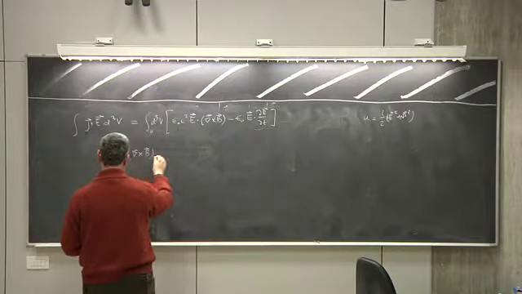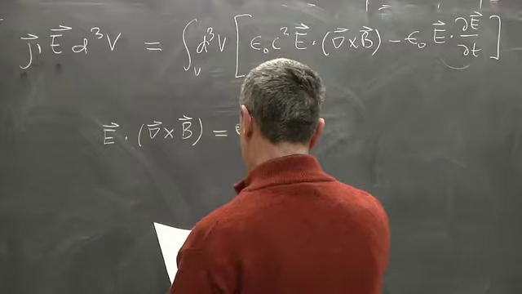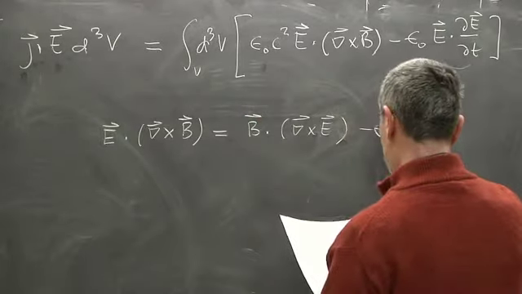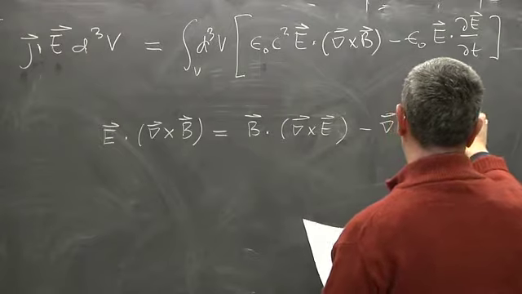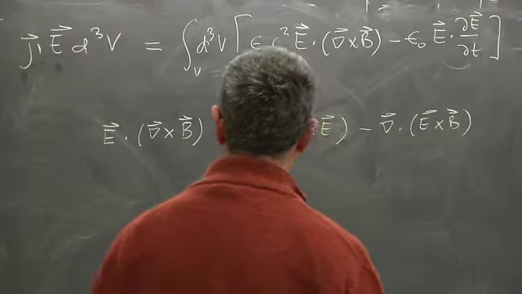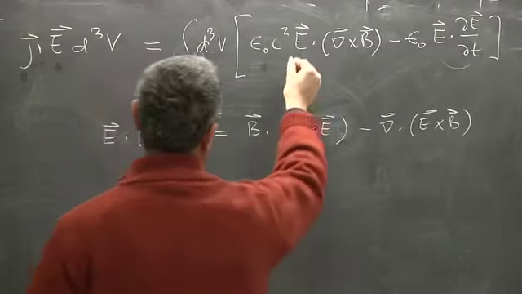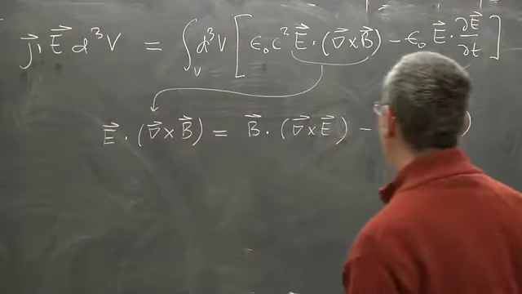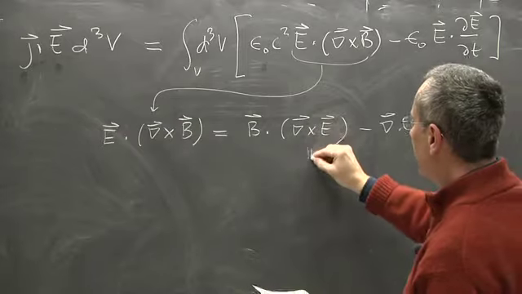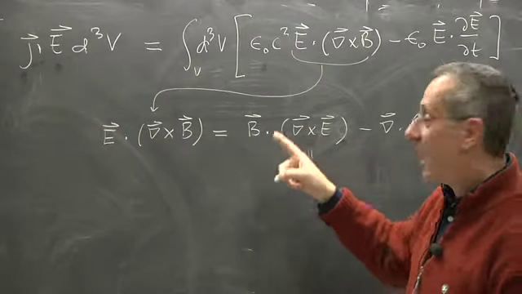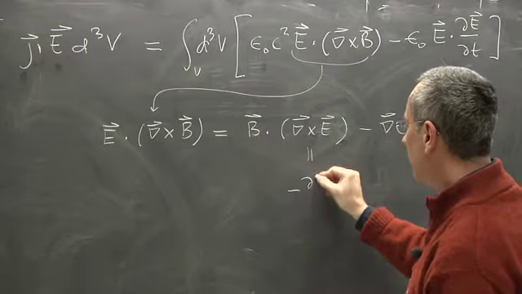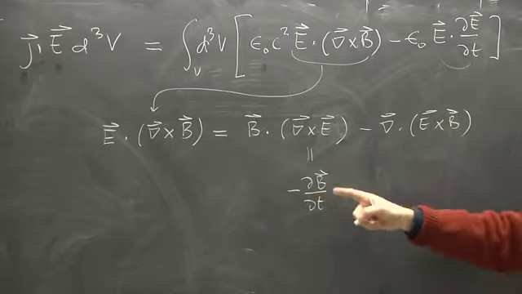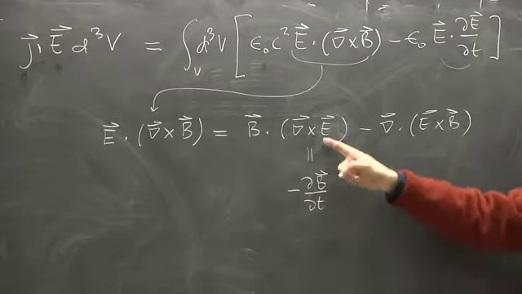I can never remember this. So I take this term and rewrite it in this form. Why? Because, again by using Maxwell's equation, this is just dB/dt, the partial derivative of the B field with respect to t.